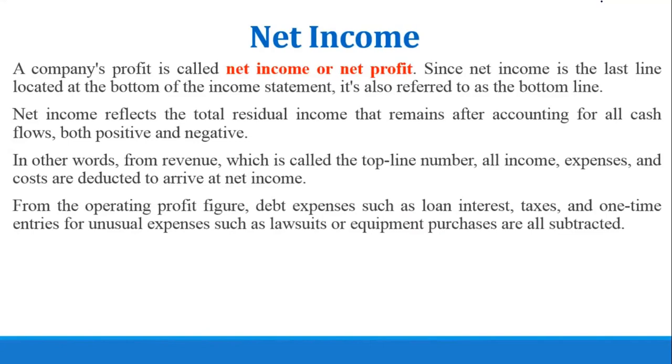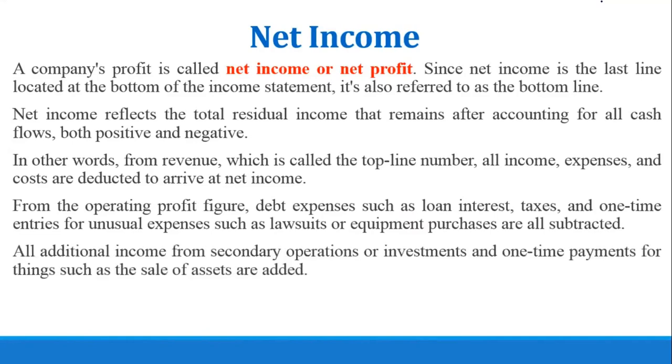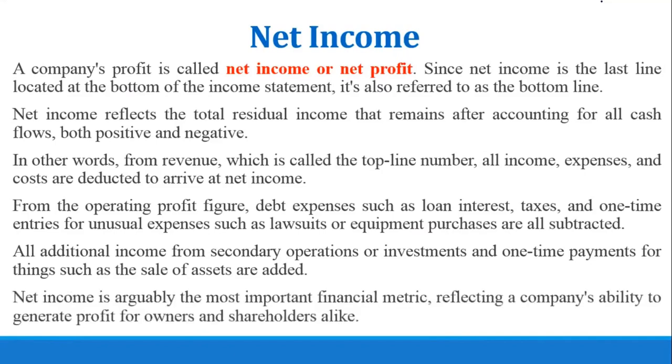So, nababawas na yan pagdating kay net income. So, all additional income from secondary operations or investments and one-time payments for things such as the sale of assets are added. Okay, so net income is arguably the most important financial metric, reflecting a company's ability to generate profit for owners and shareholders alike.